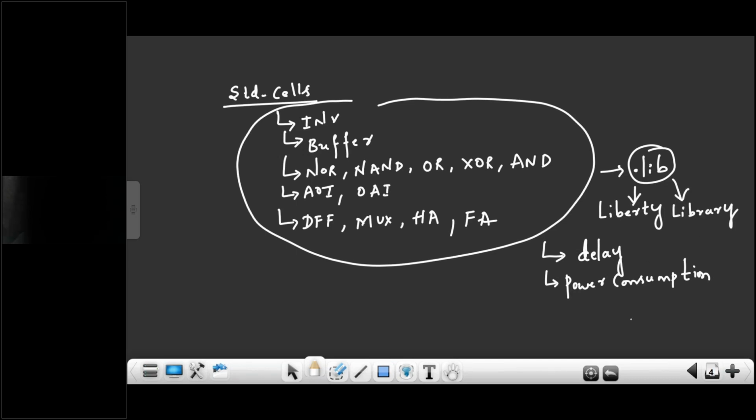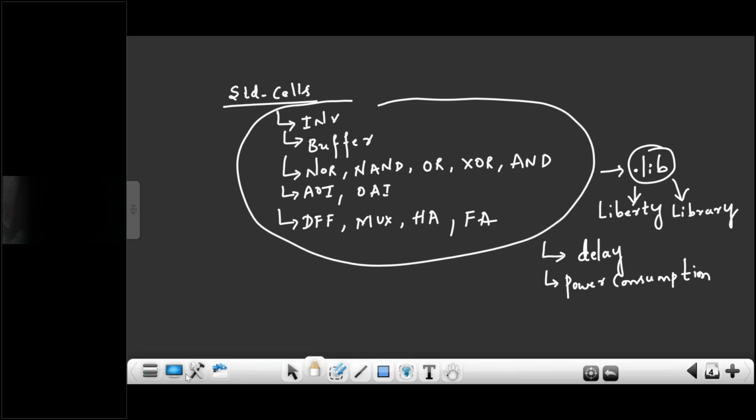In this library file, they will give all this standard cell information. So the synthesis tool requires this .lib file. The .lib file has standard cell information. What standard cells can I use to convert RTL to gate level information? In which file are the standard cells present? The .lib file, the library file.